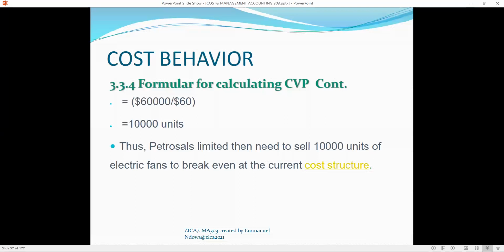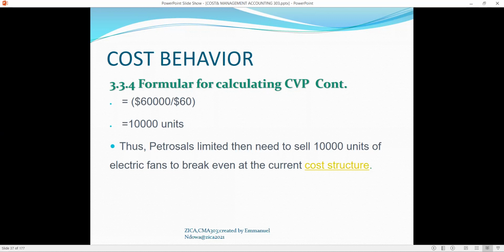So if we say now, we have got the 60,000, which is our... Can you kindly go back to the previous divide page? We divide by the 60, which has been derived by subtracting the variable cost from the selling price, and we then get 10,000 units. So that's Petrol Sales Limited.